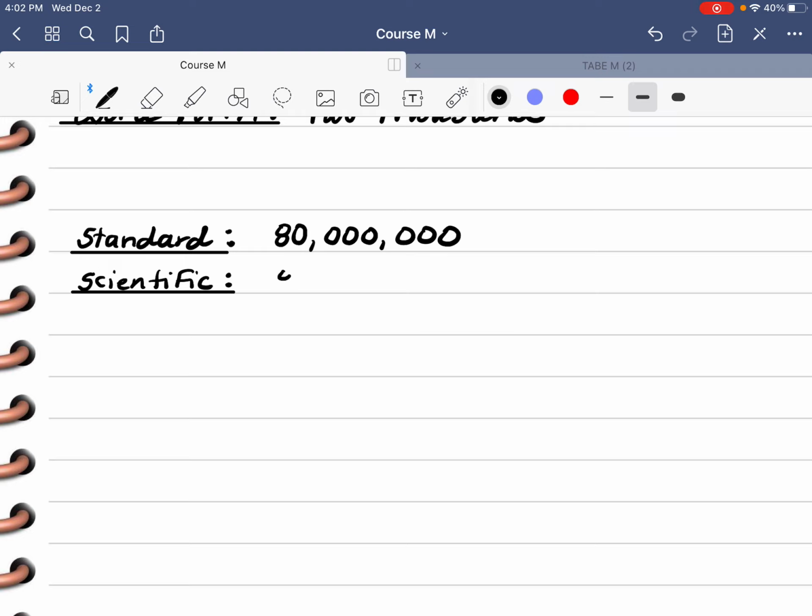It's going to be 8 times 10 to the 7th power. Word form. That is an 8 in the 10 million seat, so we're going to call that 80 million.